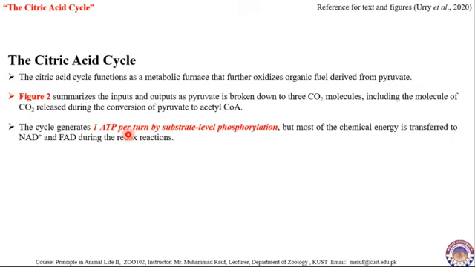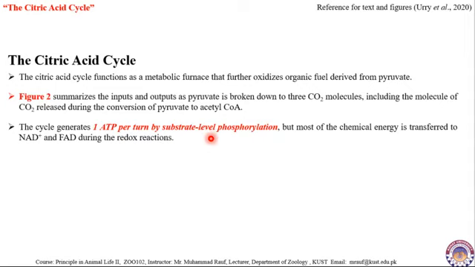Because there are 2 pyruvate molecules, 2 Krebs cycles will take place, and each Krebs cycle produces 1 ATP. So 2 pyruvate molecules will produce 2 ATPs. Now this is again substrate level phosphorylation. Substrate level phosphorylation also took place in glycolysis, where one of the substrates donated the phosphate group to ADP and formed ATP.